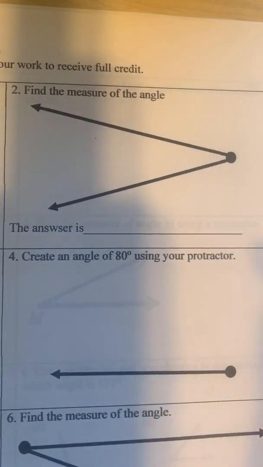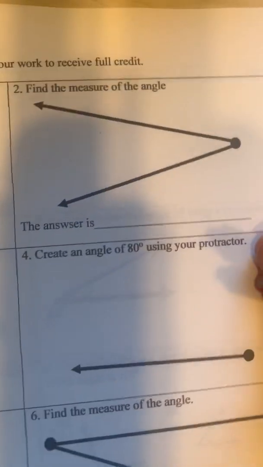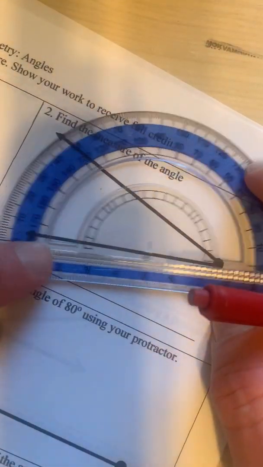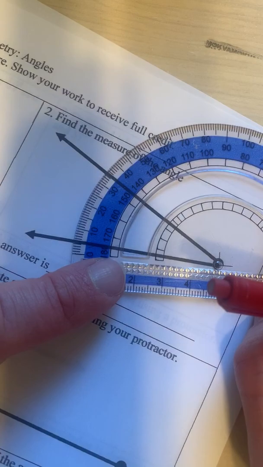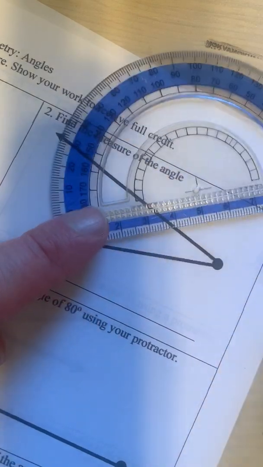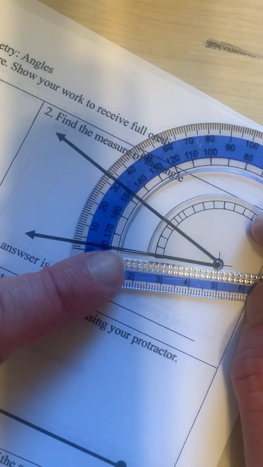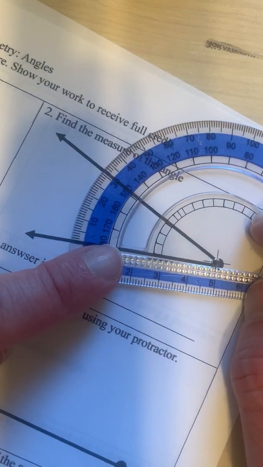Okay, so number 2, the angle is opening on the left, so it's not exactly level. Doesn't matter. So what you're going to do here is put the point here on the vertex. Remember, you're going to go on 0 here.